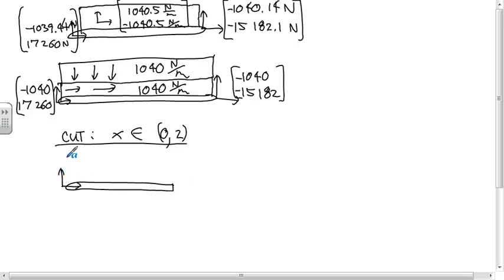On the left, we have the force vector of negative 1040, positive 17,260. On the right, we have tension, shear force, and bending moment. And then we have a horizontal force. What's the magnitude of this horizontal force to the right?